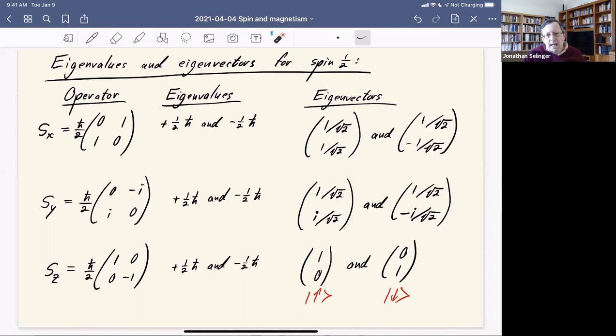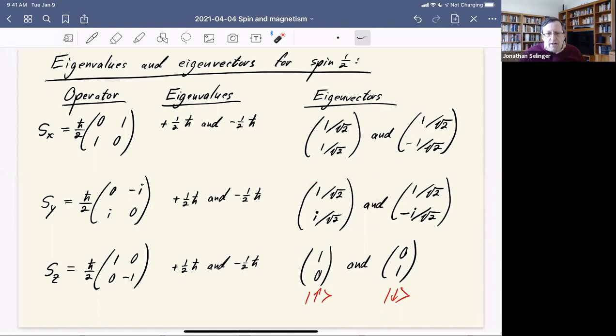And if you see a problem that asks, what's the probability that if you observe the spin you will see a spin in the plus y direction, that means you take the inner product between the state and this thing, and that inner product, magnitude squared, gives you the probability.